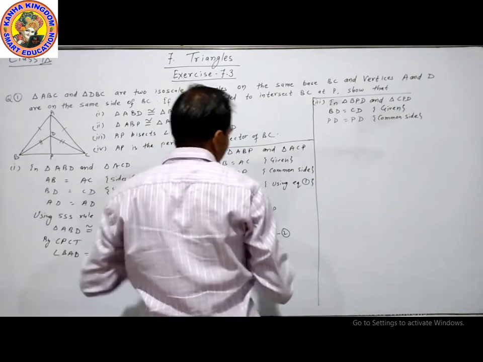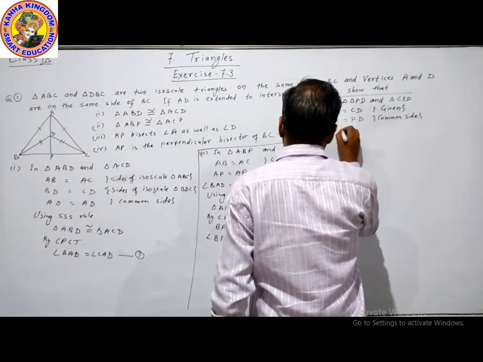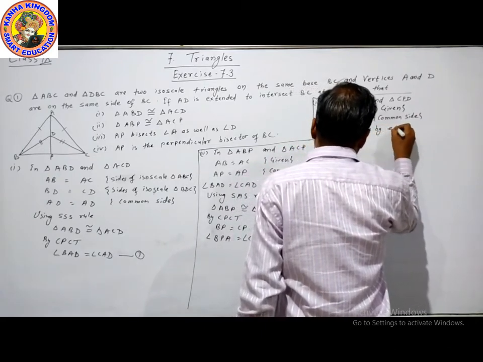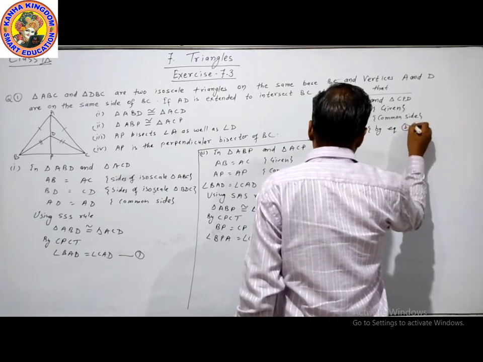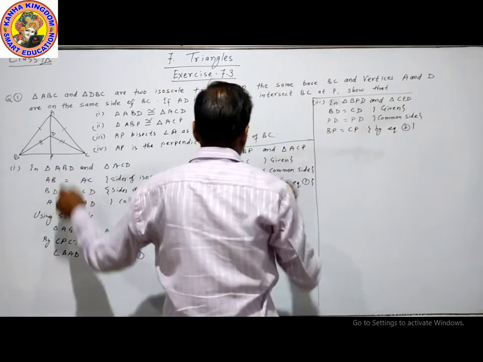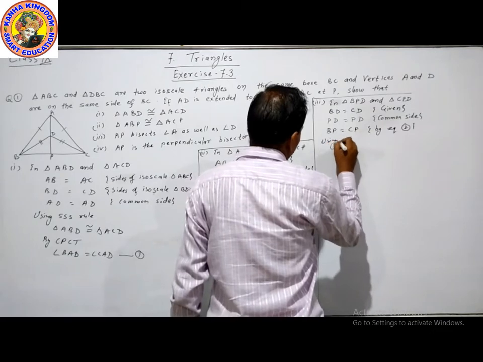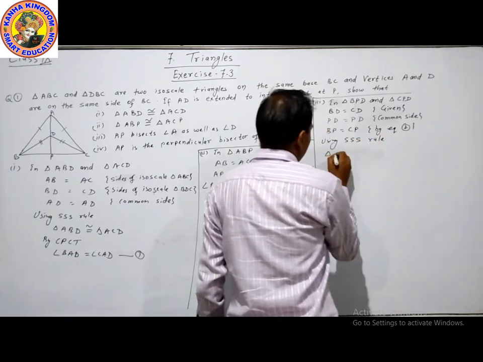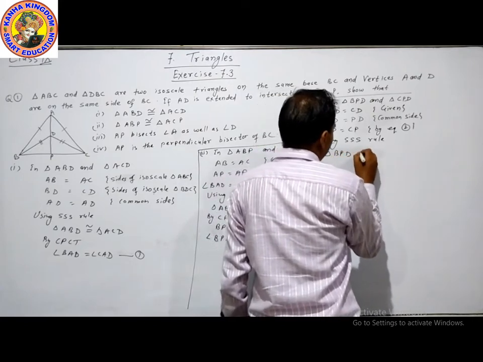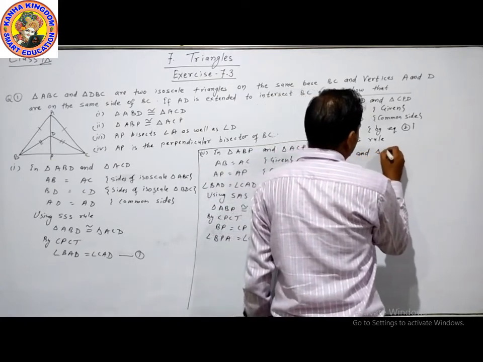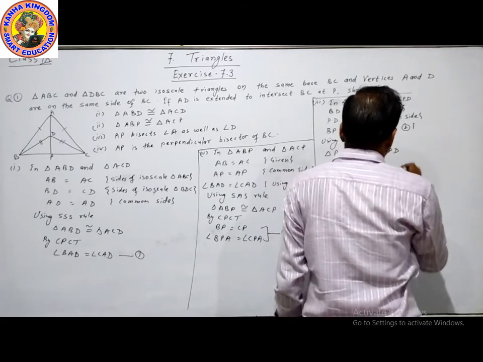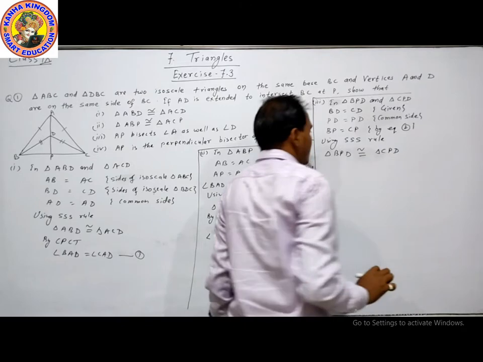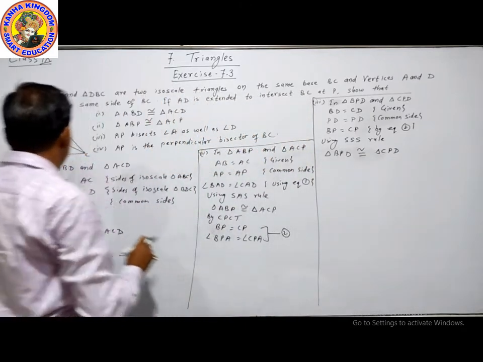This is triple S. BP and CP is equal by equation number 2. Using the triple S rule, triangle BPD and triangle CPD are congruent triangles.